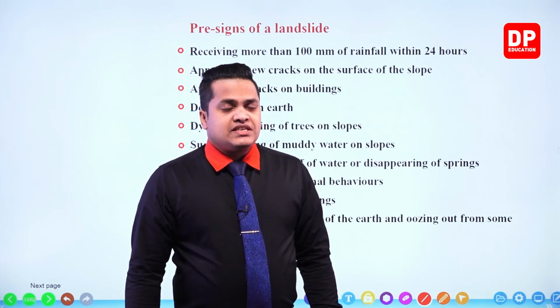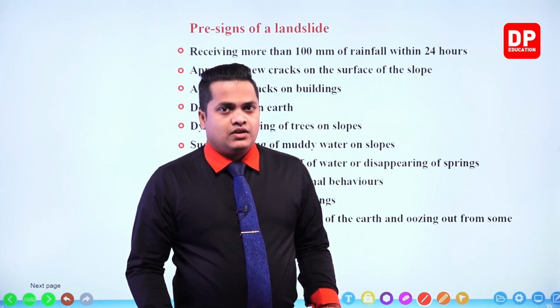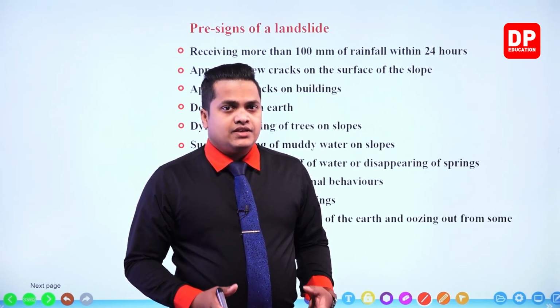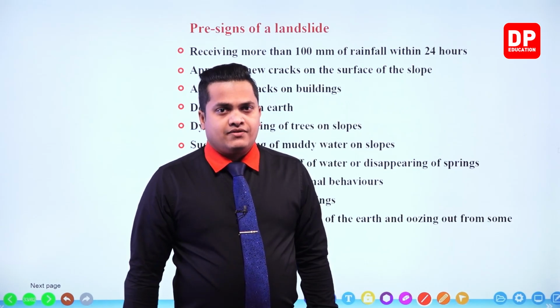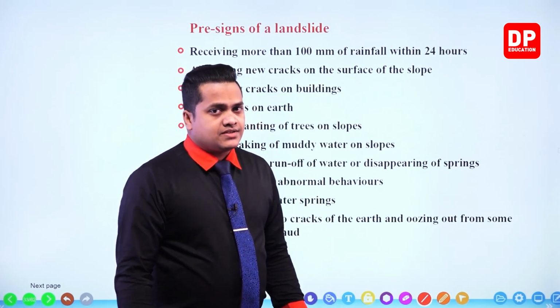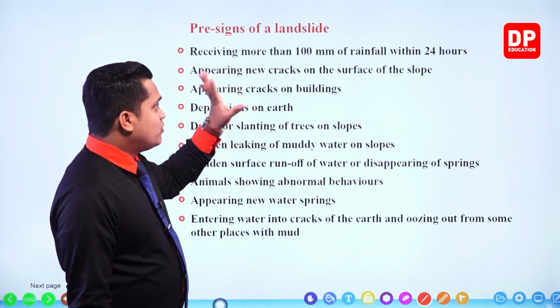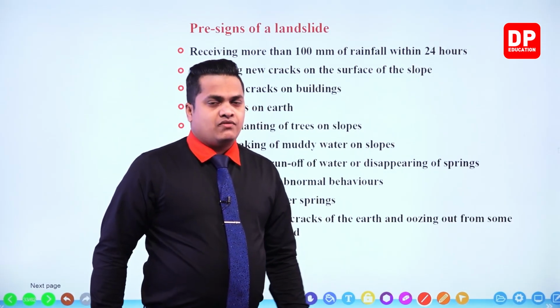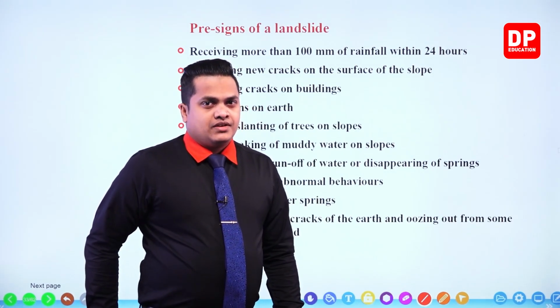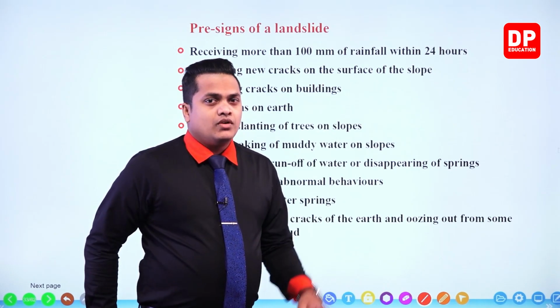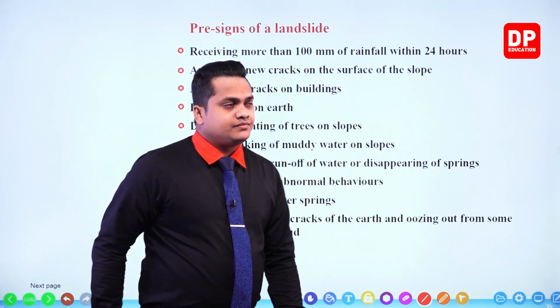So receiving plenty of water as rainfall during a day is going to cause a landslide for sure. Here it is given as an amount: receiving more than 100 millimeters of rainfall within a day will cause a landslide.